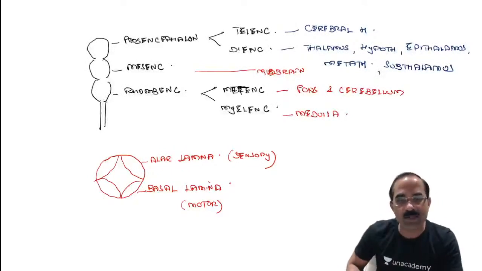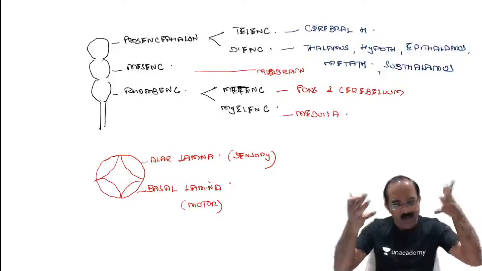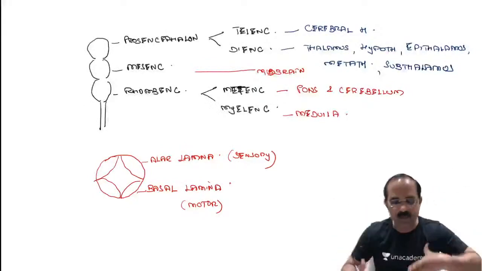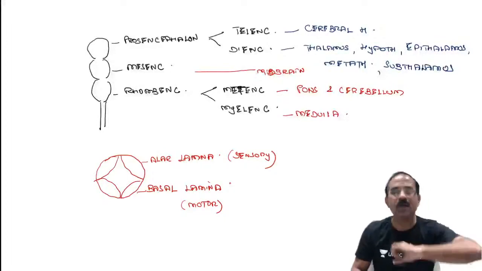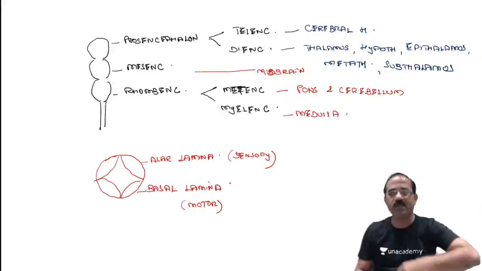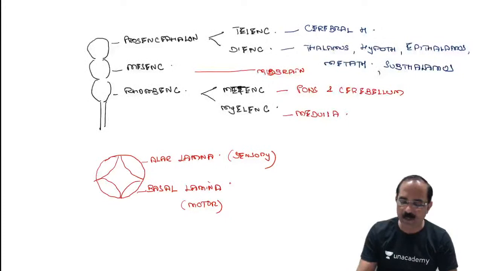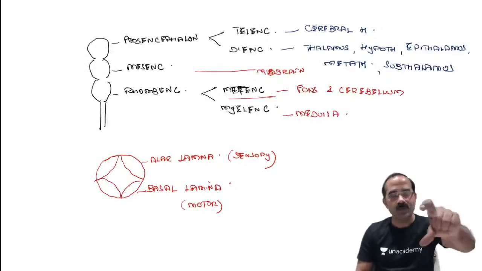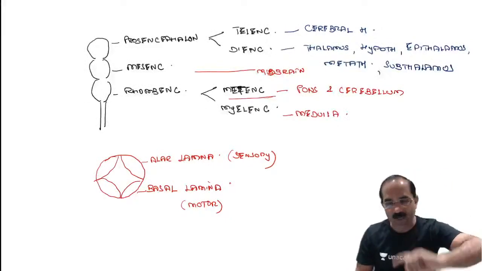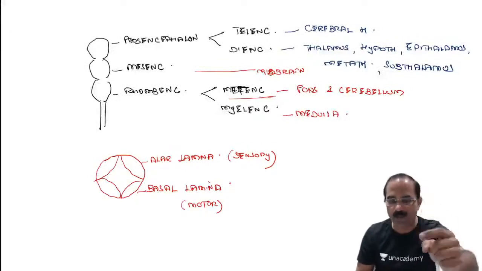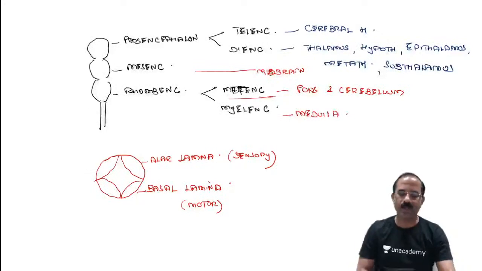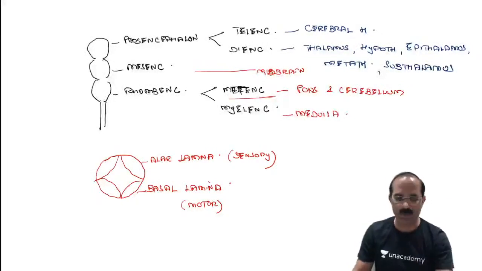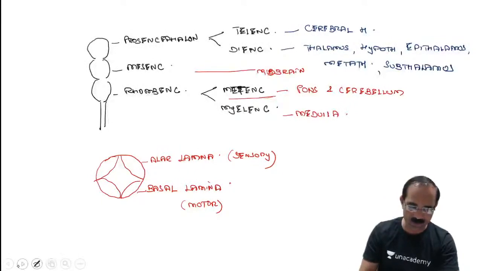For example, the cerebellum is mainly sensory, so it would be derived from alar lamina, and the cerebellum is derived from the metencephalon. So the cerebellum would be derived from the alar lamina of the metencephalon. That's very important. So I've told you the concept, how to remember this. Very good.